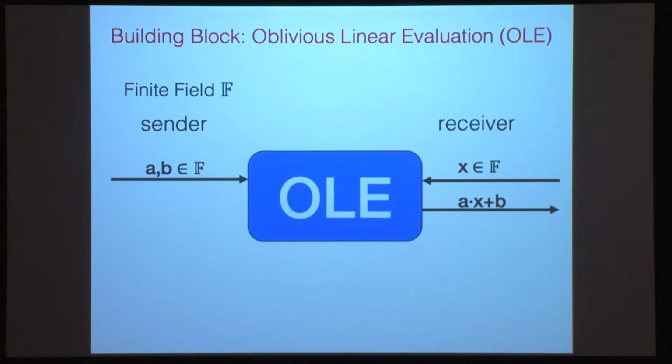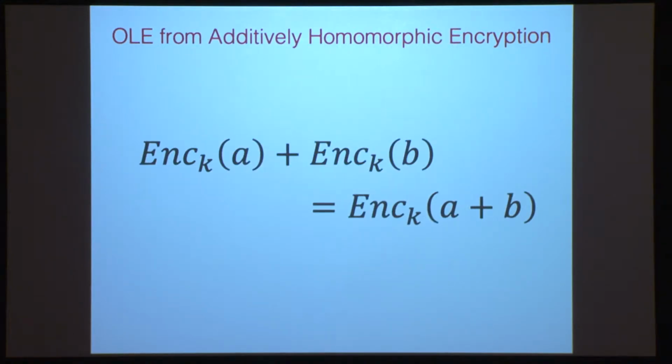So this is the primitive that we are going to use for doing secure multiplication. Now I'm going to tell you how easy it is to implement such a primitive if we have something called an additively homomorphic encryption.